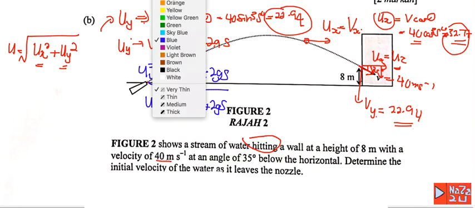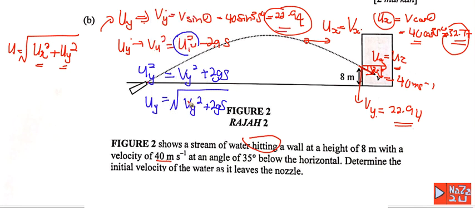Now you have the value of vy, 22.94, g is 9.81, and s here is 8. So you can find the value of uy, and next you just put the value of uy and the ux into the equation.